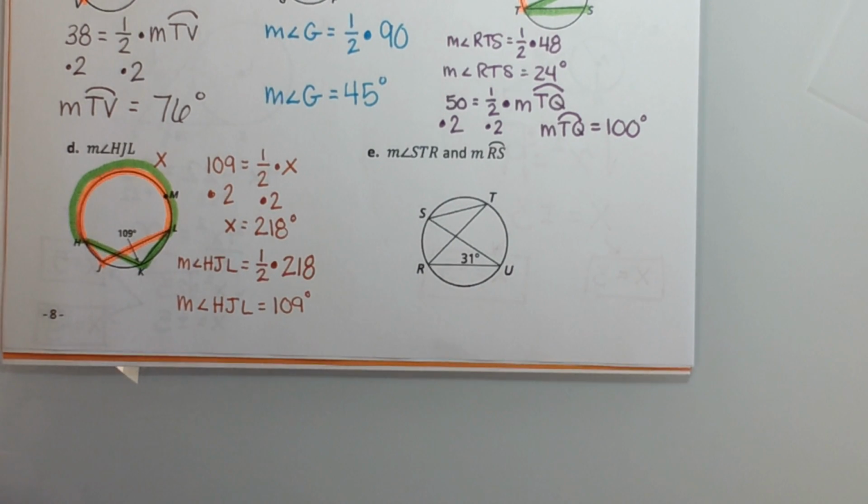Notice anything interesting? We started with the same number. If an inscribed angle is half the measure of its arc, and two inscribed angles have the same arc, they're going to be the same.